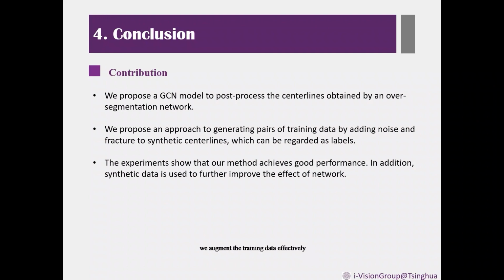In this way, we augment the training data effectively, which can be used to pre-train our GCN so as to improve the network performance. Thirdly, the experiments show that our method achieves good performance. In addition, synthetic data is used to further improve the effect of the network.